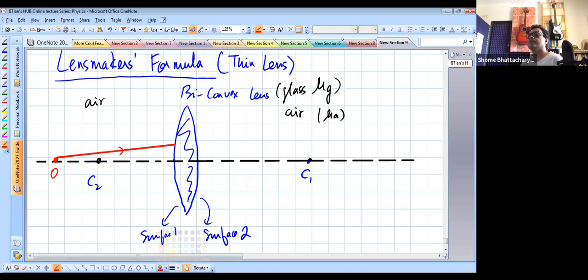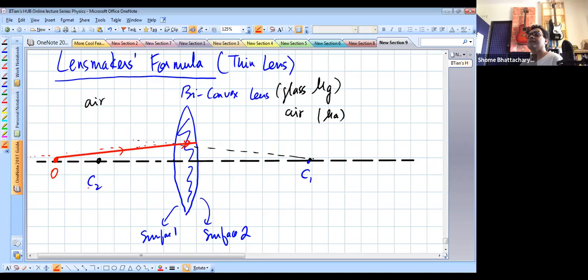Okay, so assuming this would bend towards the normal, we are going to get a slight bit of deviation here like this towards the normal, such that if you were to produce this back, it would go back further. It would go back somewhere here.